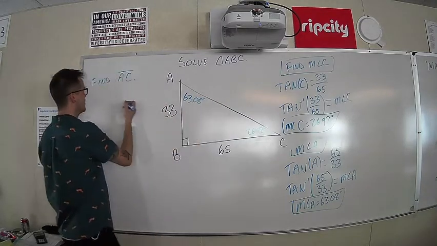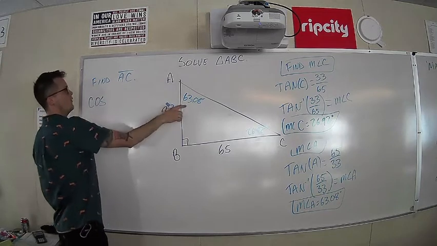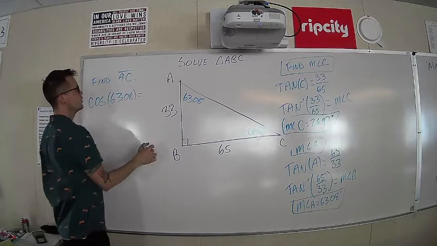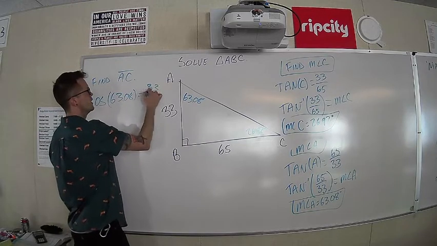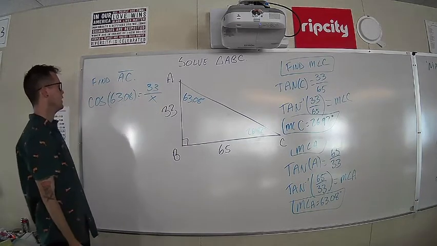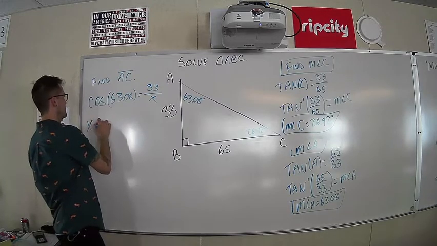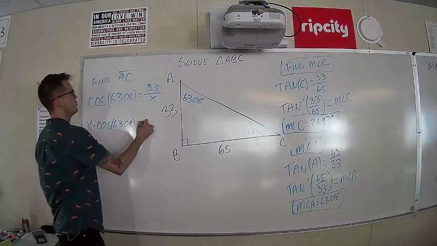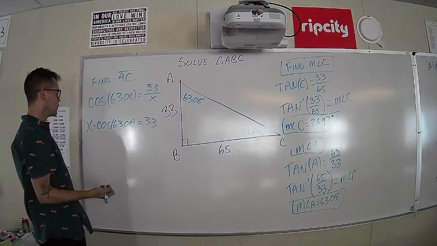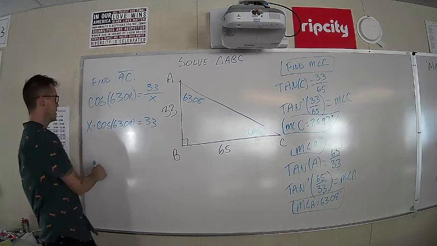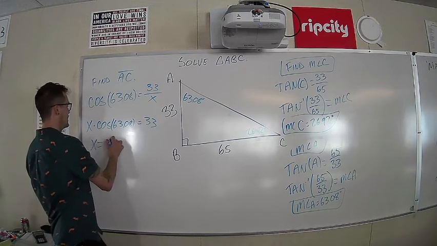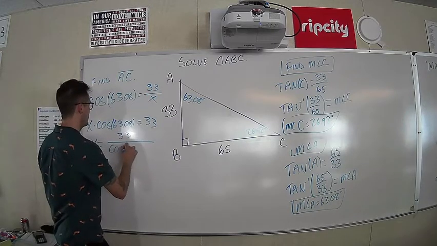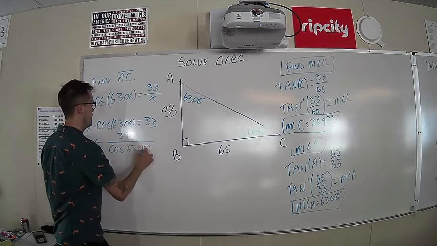Adjacent, hypotenuse means cosine of our angle measure, 63.08, equals adjacent over hypotenuse. A little bit of algebra 1, I learned that x times the cosine of 63.08 equals 33. One more piece of algebra, divide both sides by this cosine business, and I learned that x equals 33 over cosine of 63.08.